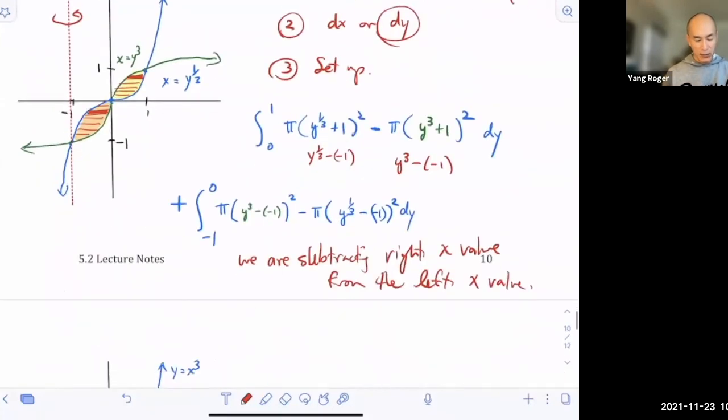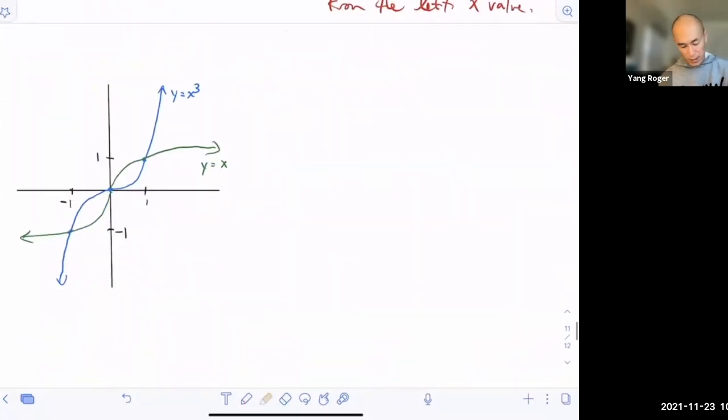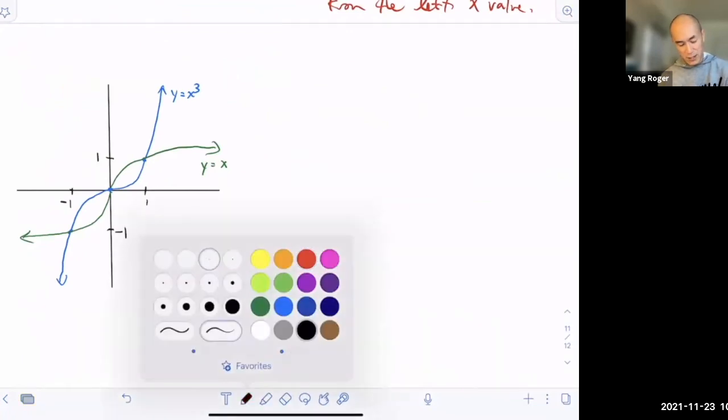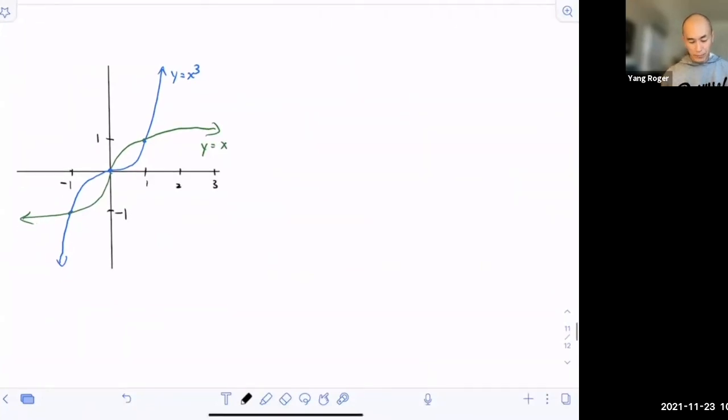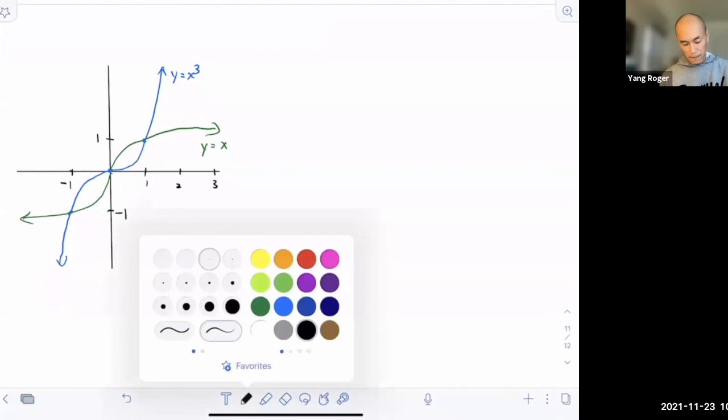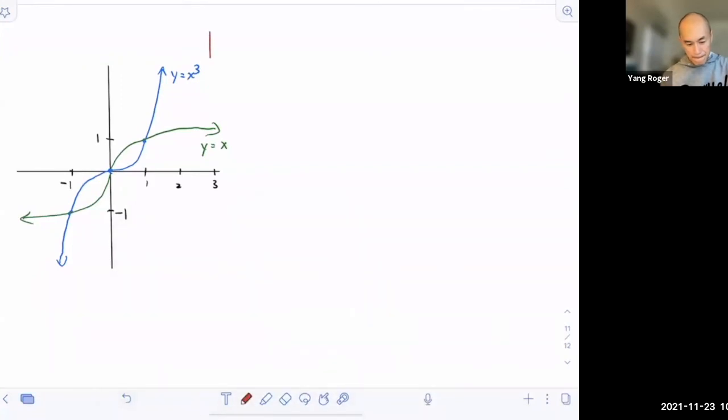The last one's about x equal to 3. I'll try to do a little bit faster because my main topic today is to talk about the shells. Okay, so this is x equal to 3.